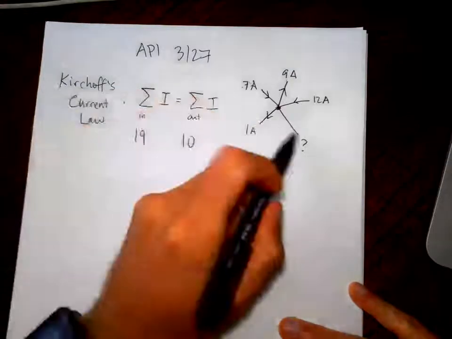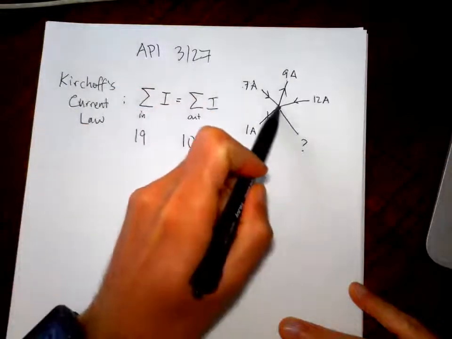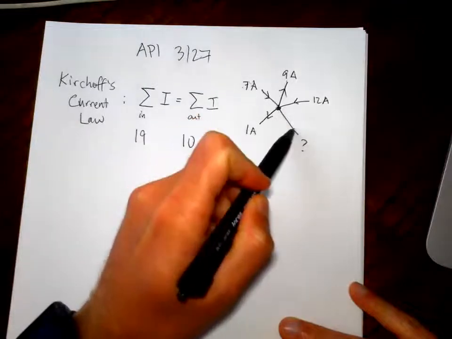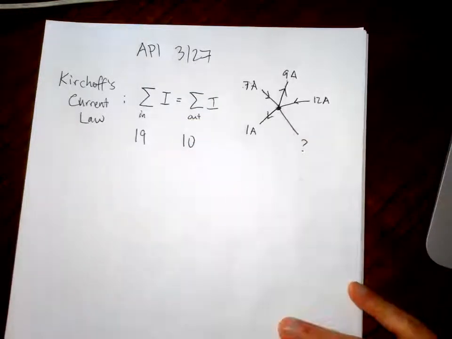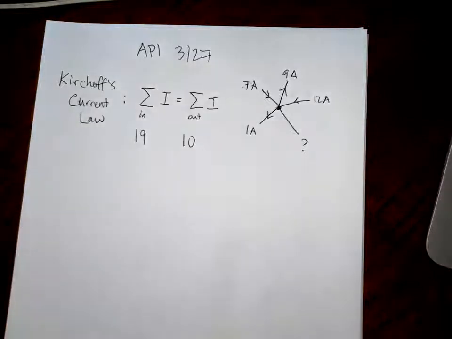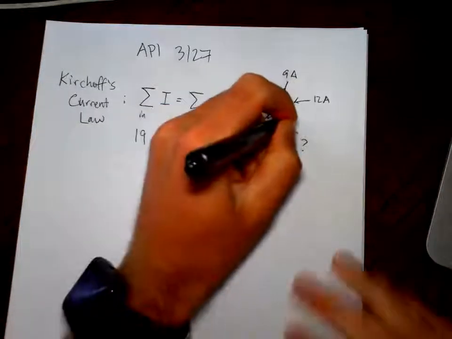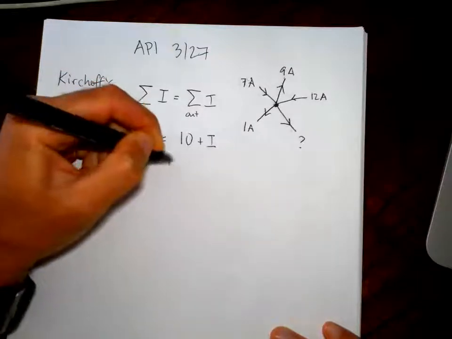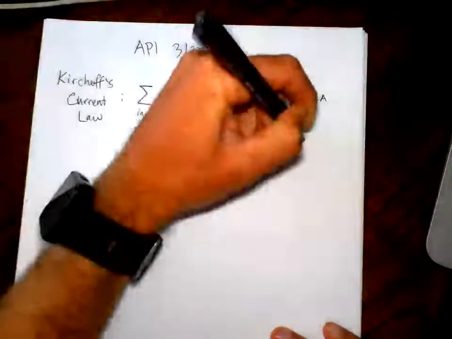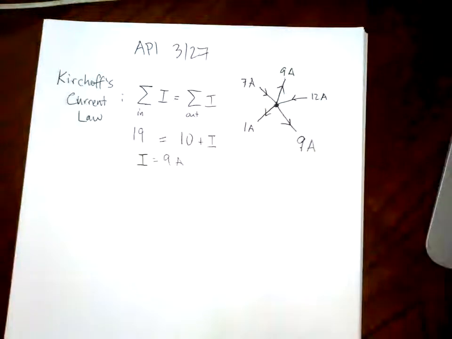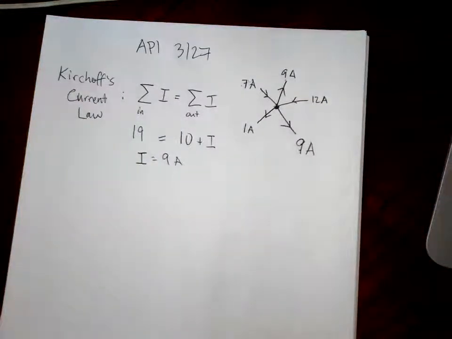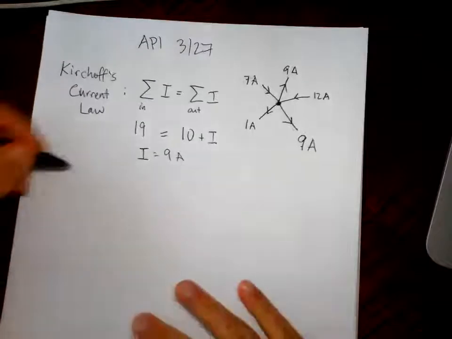So I can conclude that this unknown current is 9 amps. So this is 9 amps going out to satisfy Kirchhoff's current law. Okay? So that is Kirchhoff's current law.